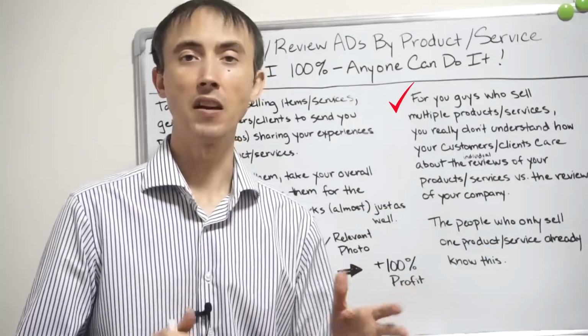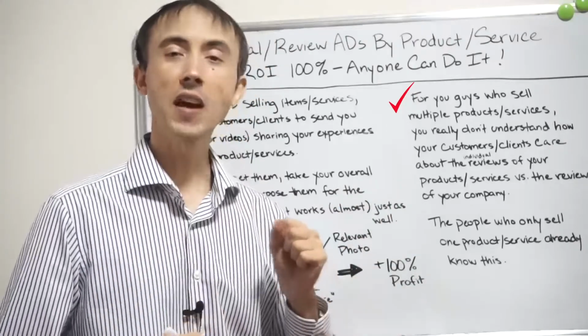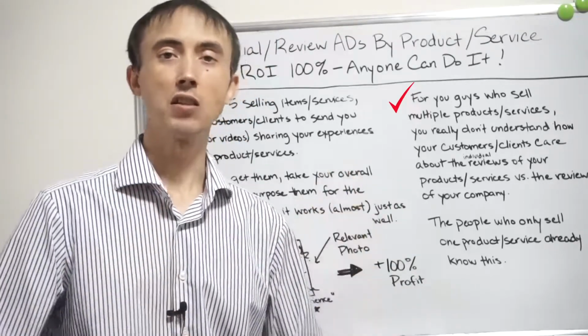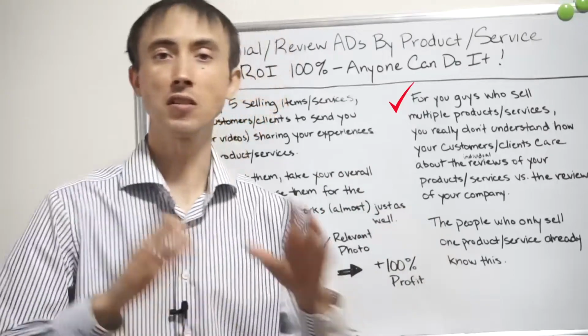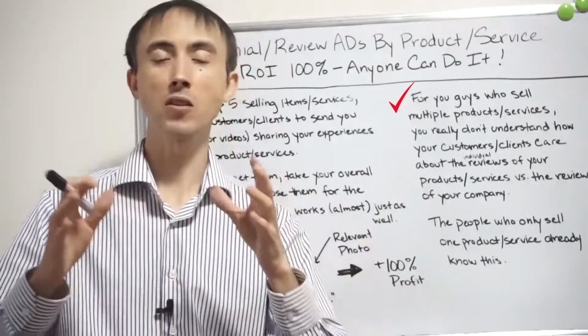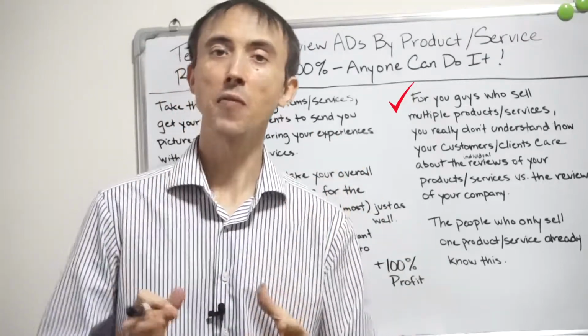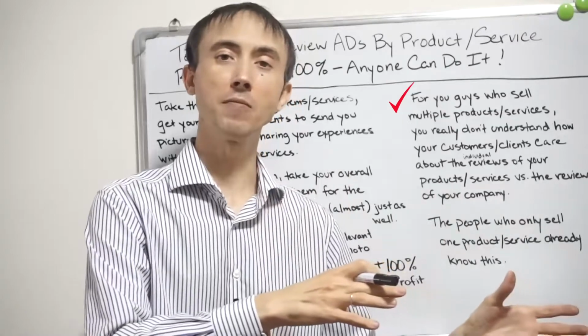People care about that. But beyond that, they've got to be able to trust the product or service just as much. And actually, in terms of weighting it, they care more about the individual product or service than the reputation of your company.